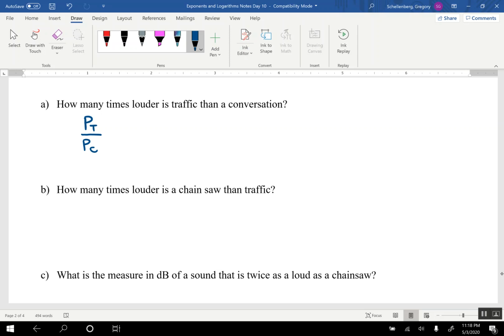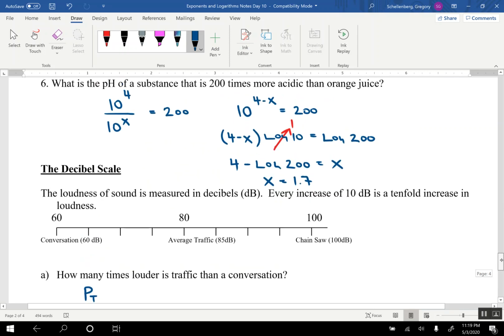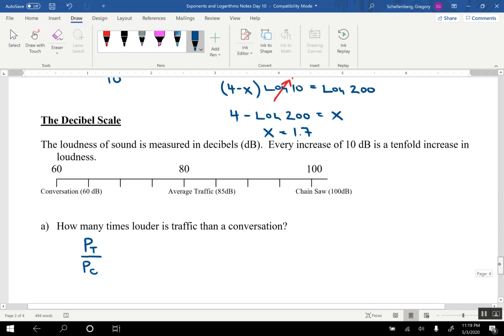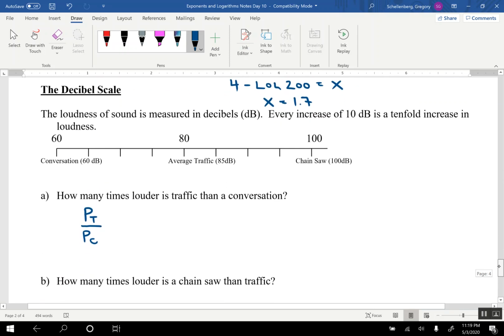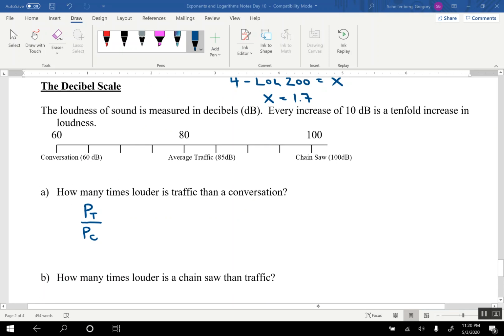Okay, now this is a little bit different. With earthquakes, every increase of 1 point on the Richter scale, we had a tenfold increase in the magnitude or the power or the intensity of the earthquake.